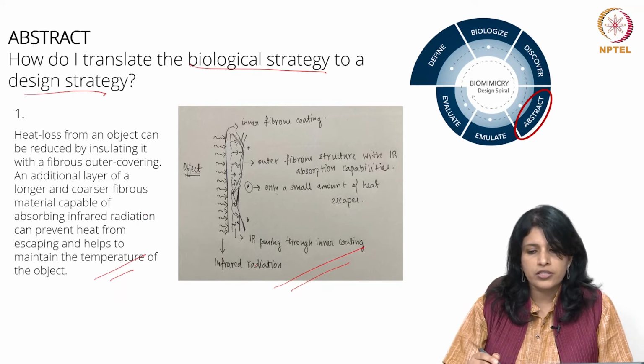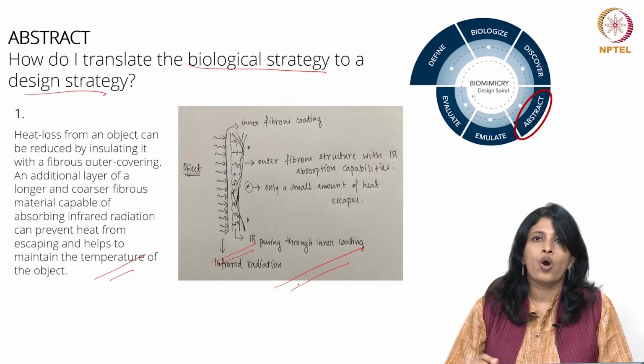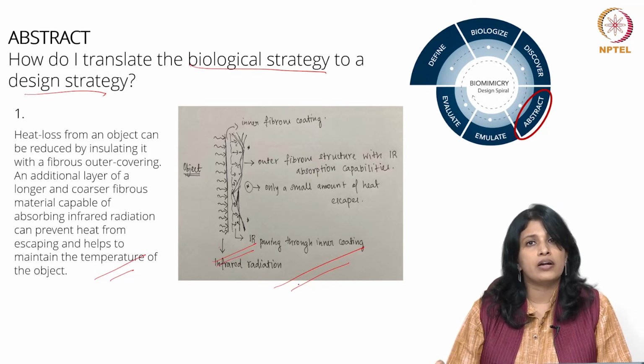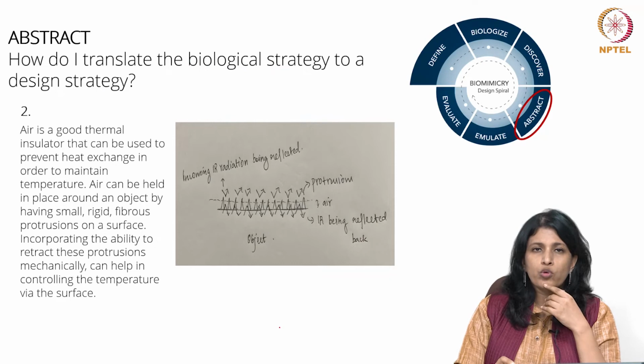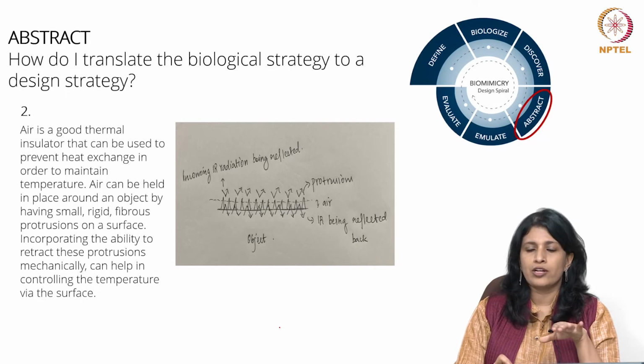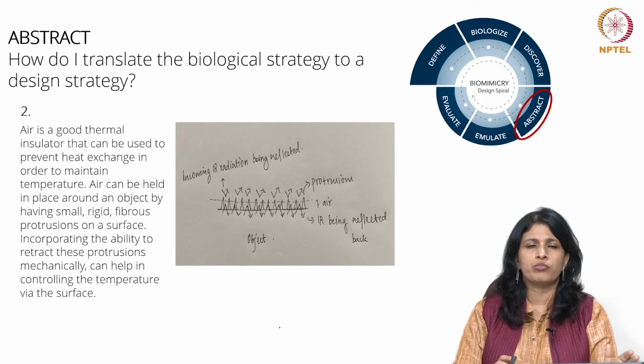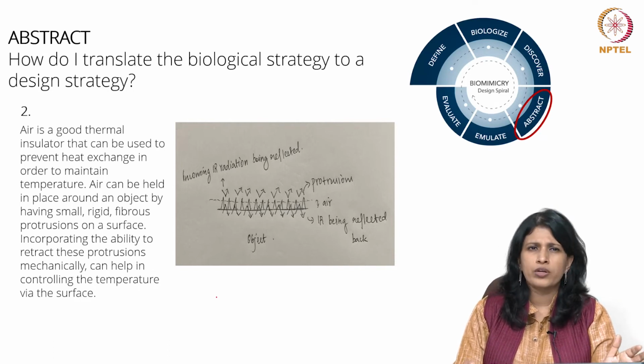And then abstracted it out to say that there are different layers here which actually aid in the insulation of the animal's body and keep it at a certain temperature. If you notice the abstraction of design strategies, the student has not mentioned the name of the organism at all. So when you look at the strategy, it's not important whether this is from a polar bear or from the numbat or from the malleefowl or whichever other organism you've looked at.